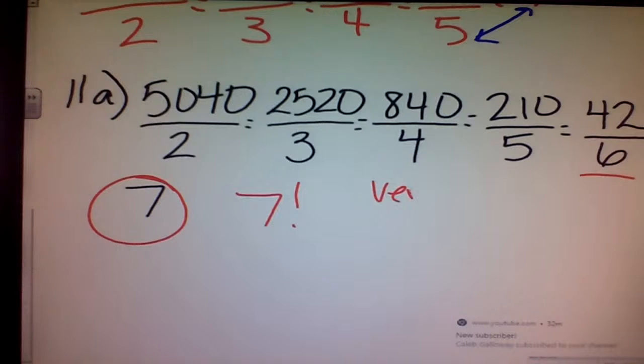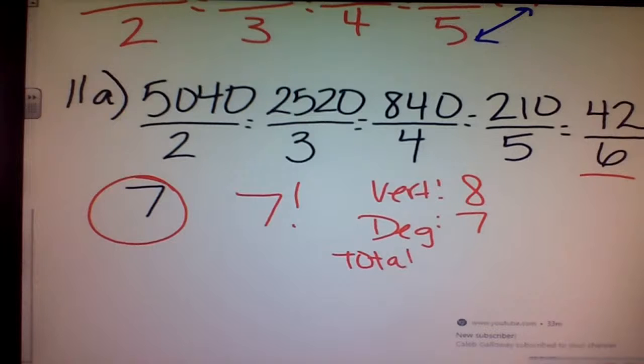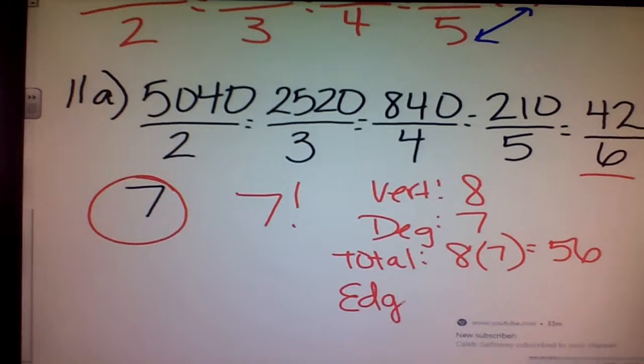So this means I have 8 vertices. They have a degree of 7. My total is 8 times 7, which is 56. And my edges are 56 divided by 2, which is 28.